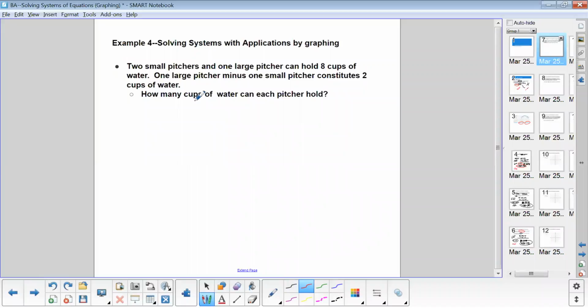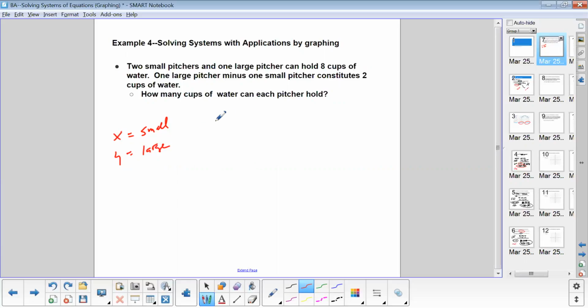Example 4, I've got 2 small pitchers and 1 large pitcher. So we're going to say that X is our small pitcher and Y is our large. It wouldn't matter if we flipped these and said X was large and Y is small. It does matter when you set up your equation, but in this case we're just choosing X for small and Y for large.